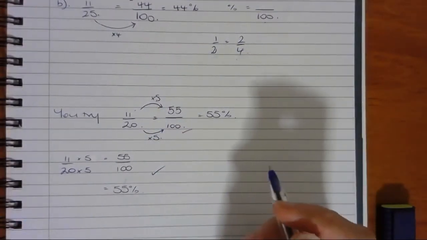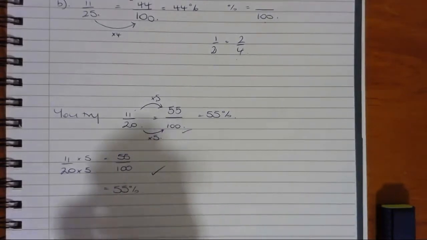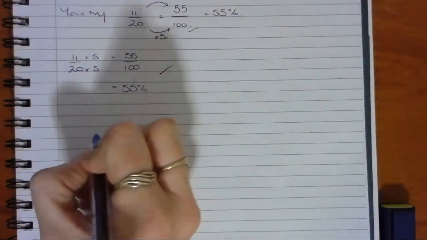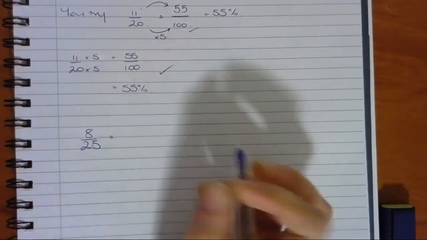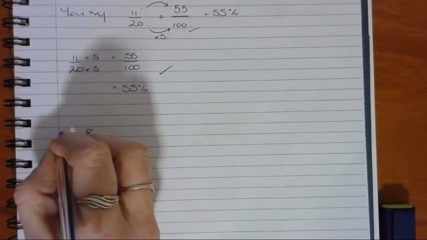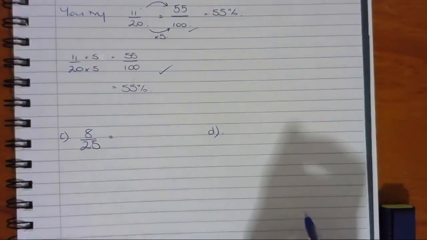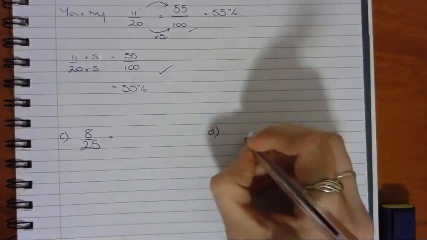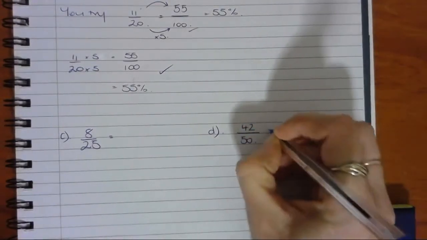I'm going to give you two examples now of your own, and I'd like you to pause the video and have a try yourself. The first one, let's say 8 over 25, and let's call that C. And then my second one, 42 over 50.